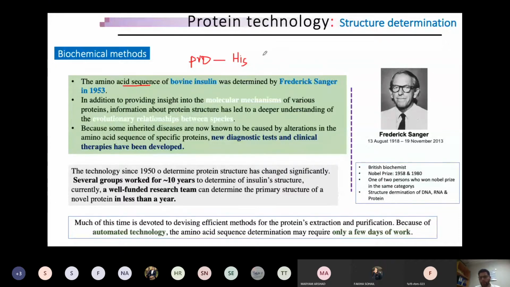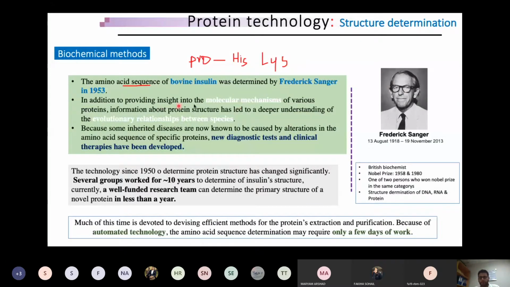It's not only the number of these amino acids which is important, but the way these amino acids are linked. He was the guy who for the first time gave us this idea, and of course today we believe that it is the decisive factor.